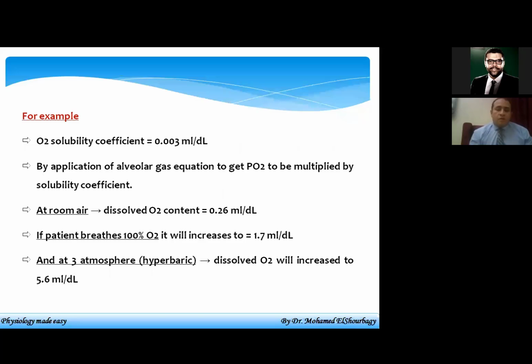So at room air, the dissolved oxygen content will be 0.26 ml per deciliter. And if the patient breathes 100% oxygen, it will increase to 1.7 ml per deciliter. And at 3 atmospheres hyperbaric, the dissolved oxygen will increase to 5.6 ml per deciliter, 3 times.